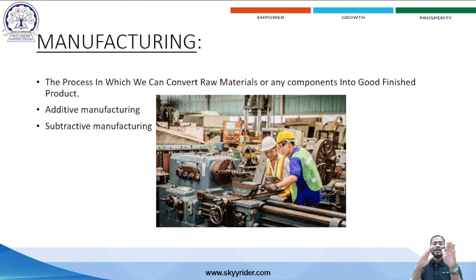Additive is where material is deposited layer by layer to form our desired product. That is called additive manufacturing. And if material is removed from a component to get our desired product, that is called subtractive manufacturing.